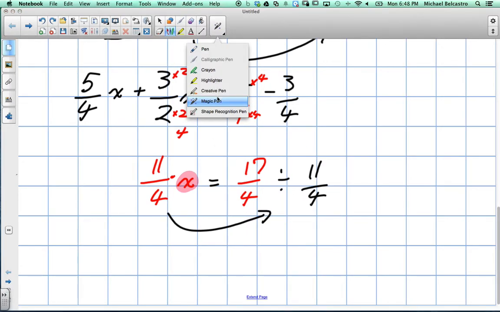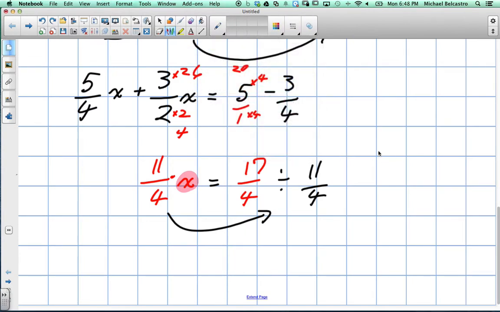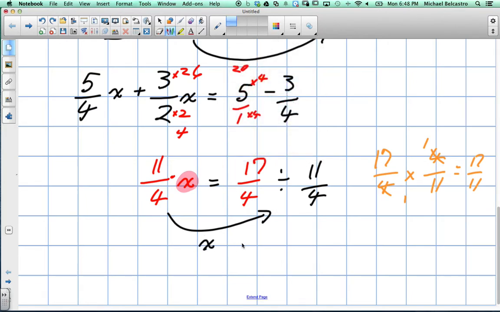When you divide fractions, I'll quickly go over it on the side again, dividing fractions. It actually just becomes a multiplication question, and you invert the other side, so 4, 11. You can reduce fractions by doing this, so it becomes 1, so you're going to end up with 17 over 11. So we get x is equal to 17 over 11, which is some number.